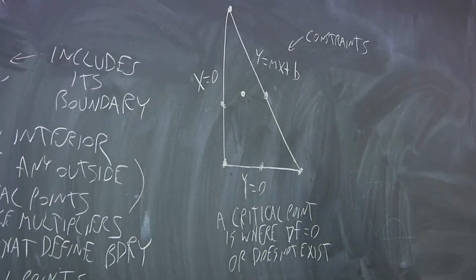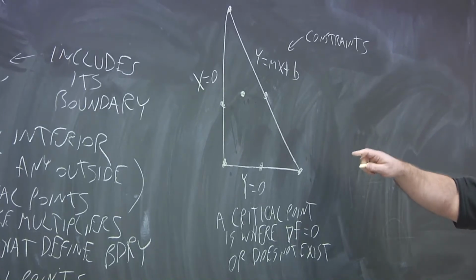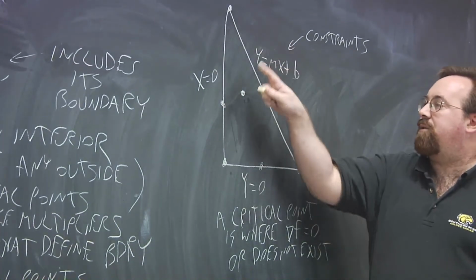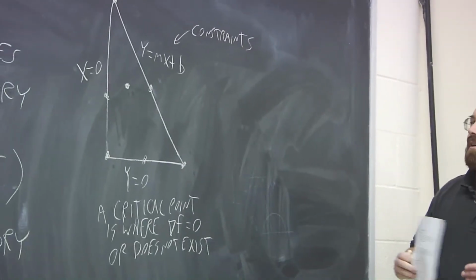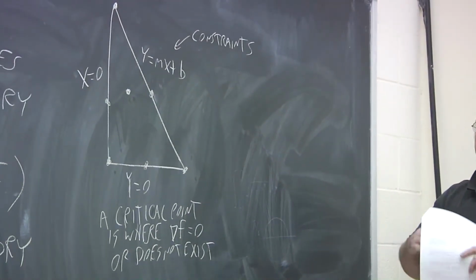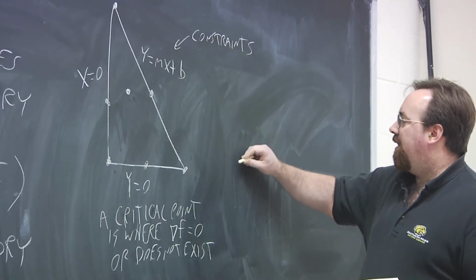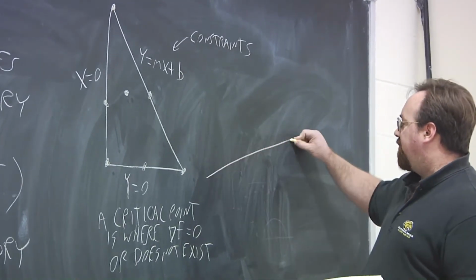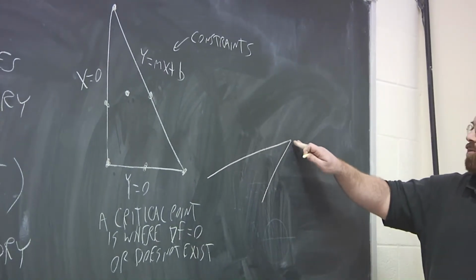So let's suppose that we have a function that's defined just on the boundary, on the triangle itself, forgetting about the interior. I'm going to draw a triangle in the xy plane, and we're going to zoom in on one of these corners.